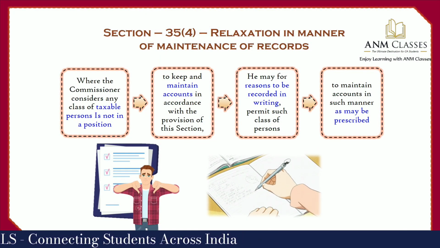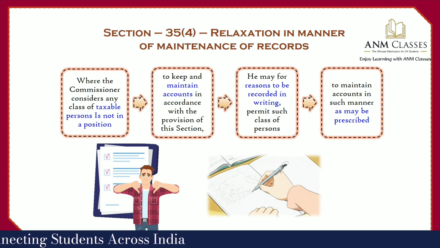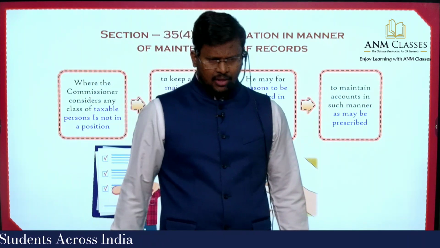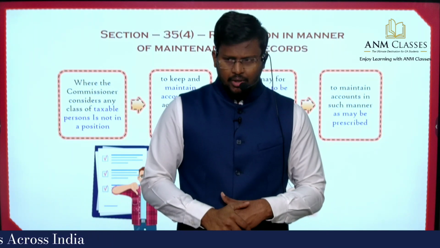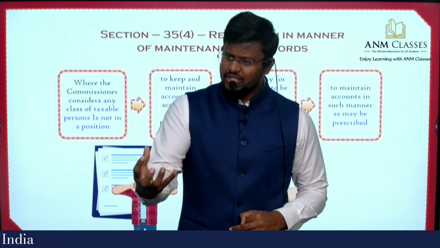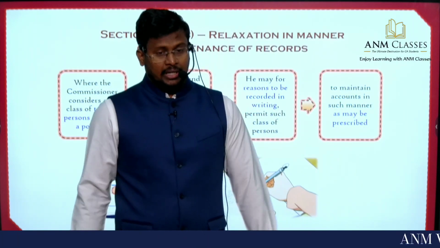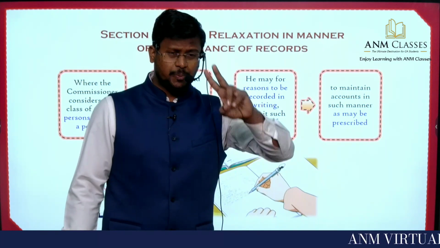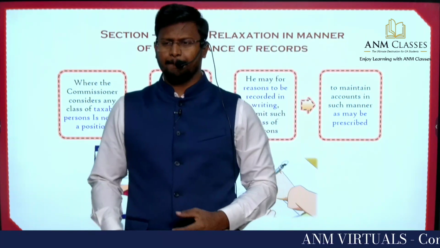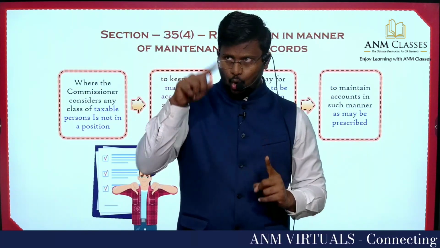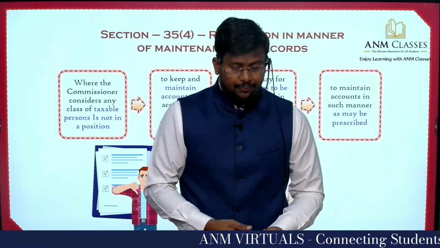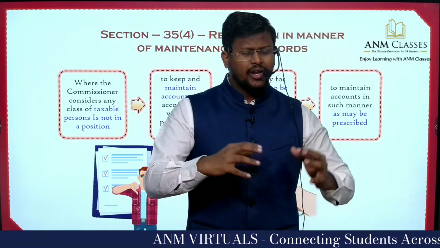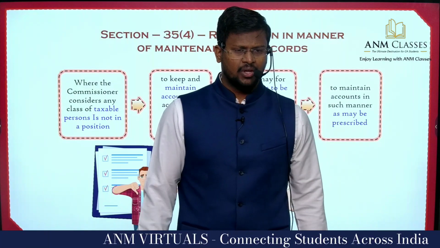Sir, now 35 subsection 1 lists the records to be maintained and the place where those records have to be maintained. 35 subsection 2 is the special responsibility of the transporter, owner or operator of warehouse or godown or any other place where you are keeping the goods.